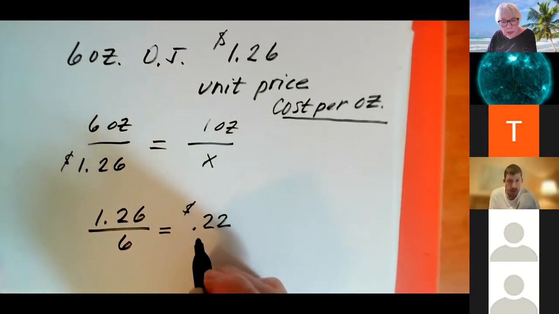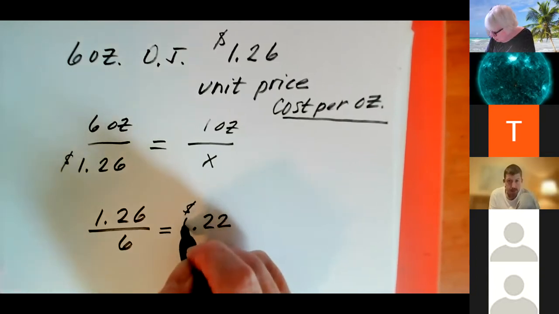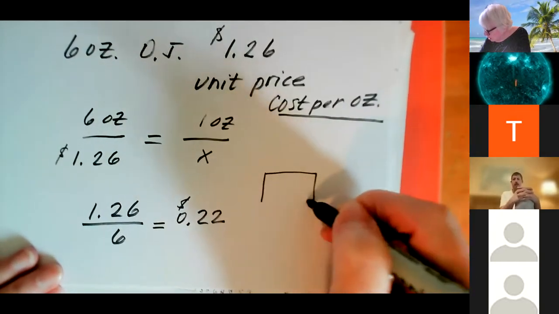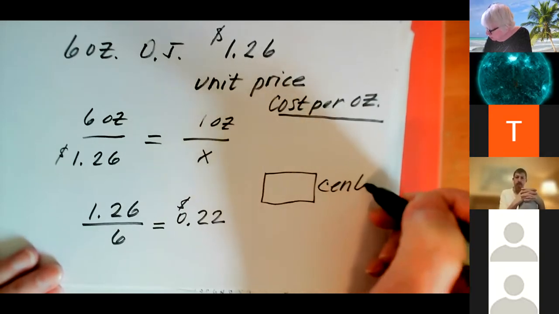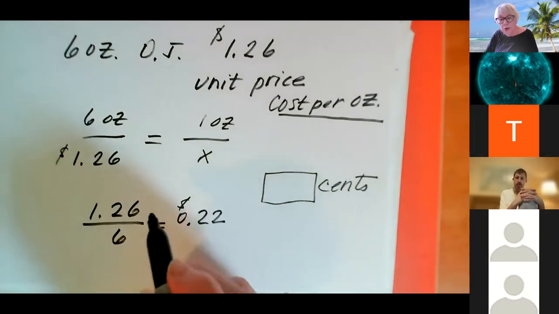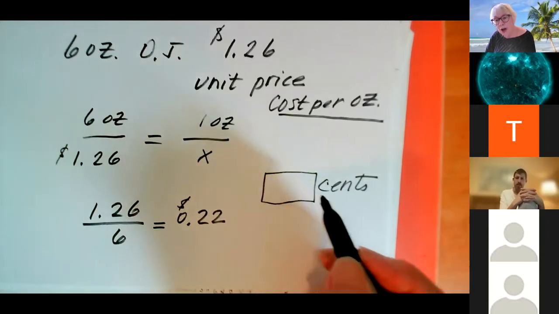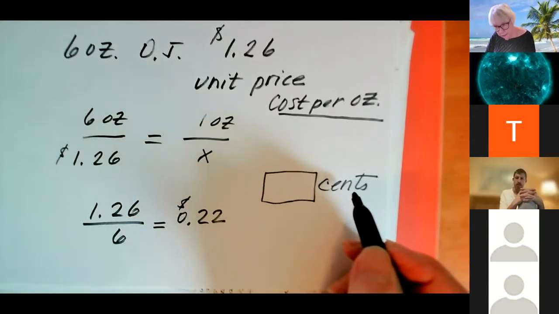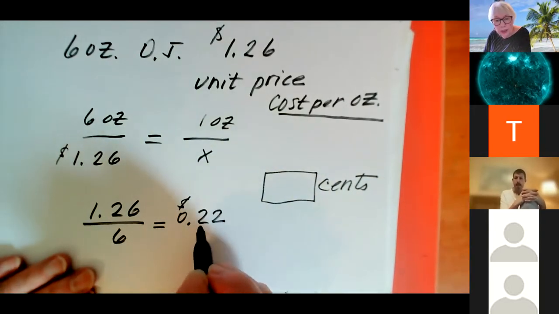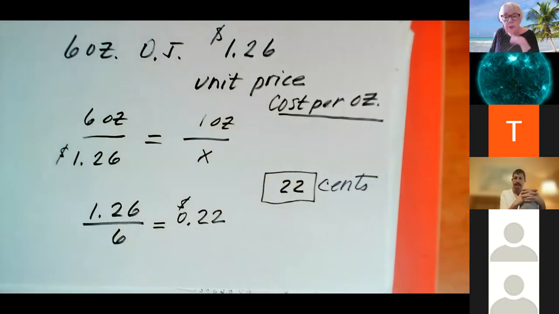So as far as a dollar is concerned, you have a fractional part of a dollar, which is 0.22. Here's that front 0. The problem was, here was the space for the answer, and here was the word cents. So if you put 0.22 in this, it's saying it's a fractional part of 1 cent. This is in terms of dollars, and so it's a fractional part of a dollar, but in terms of cents, the correct answer should have been 22.